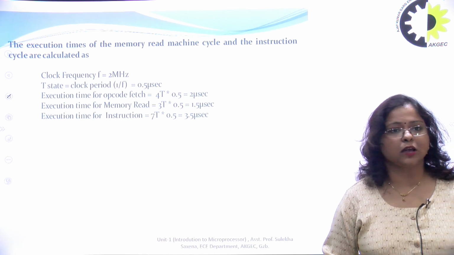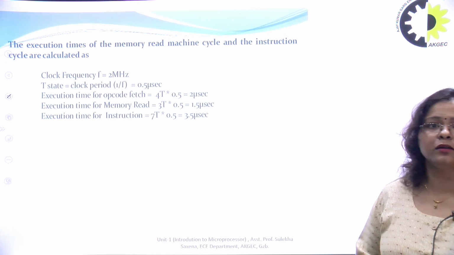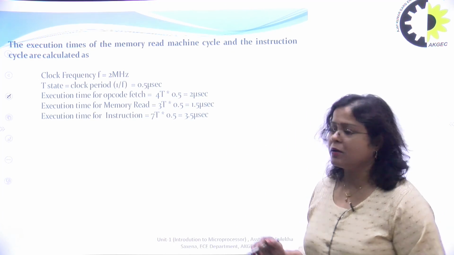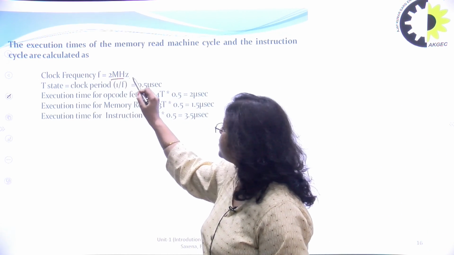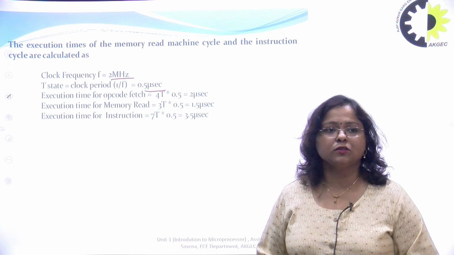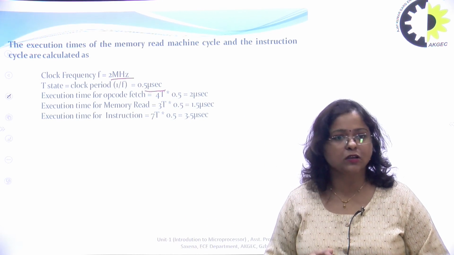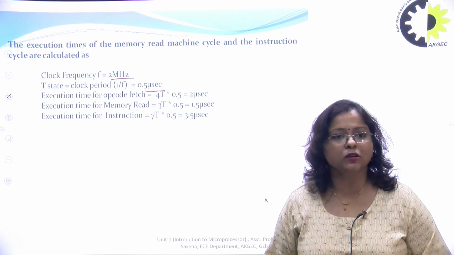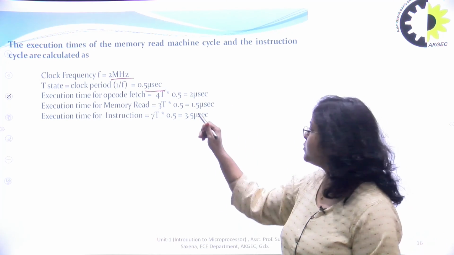Now the execution time of the memory read machine cycle: let the clock frequency be 2 MHz, so one time period is 0.5 microsecond. The execution time for opcode fetch is 4 states, that is 4 into 0.5, 2 microseconds. Execution time for memory read is 3 into 0.5, that is 1.5.